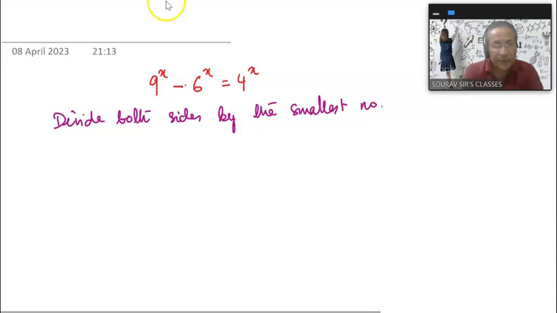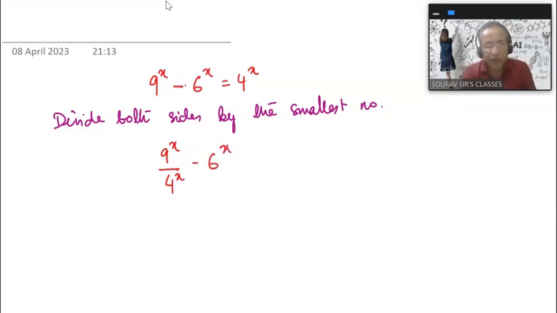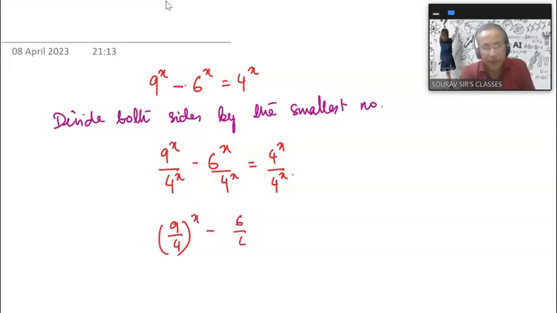That means you are dividing 9 to the power x by 4 to the power x, minus 6 to the power x by 4 to the power x, equals 4 to the power x by 4 to the power x, which is 1. So therefore you write (9 by 4) to the power x minus (6 by 4) to the power x is 1.